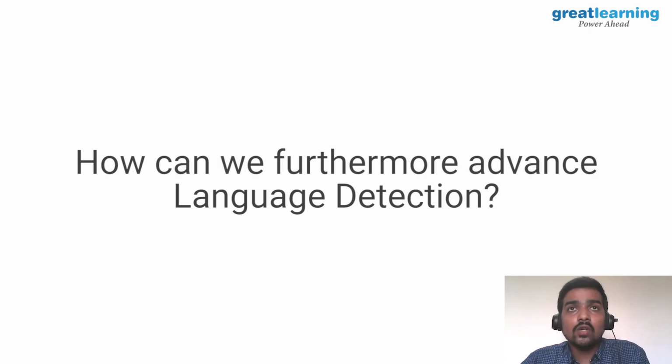So you can further advance this by including more and more languages. What are the challenges when you include more languages? There might be some ambiguity. Let's say you include Japanese here. There might be ambiguity between Japanese and Chinese, and also in Chinese you have simplified and traditional, right? This may lead to a reduction in your accuracy score.